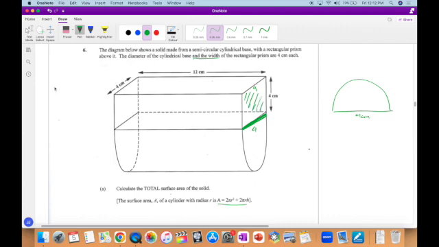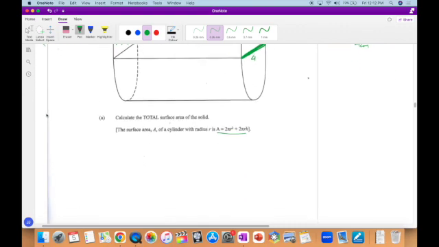So the area of that is 4 by 4. But then we have 2 squares, so that 4 by 4 will be times 2. And now we have the 3 sides: the back side, the front side, and the top side. That's 3 sides, all of the same 12 by 4.